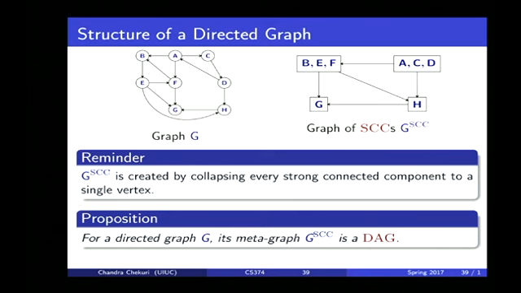In this case, there's only one sink. What is the sink in this DAG? This vertex, and there's only one vertex in it. It's H, okay, but there could be multiple vertices. Oh, sorry, G. Suppose I start exploring the graph at G.